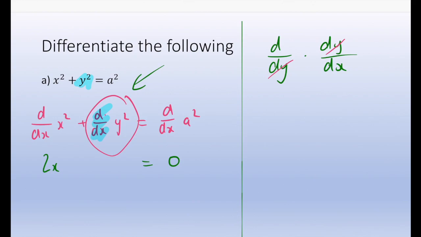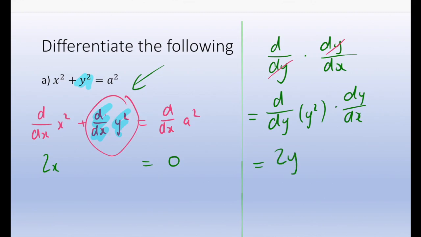But we need to apply it to y squared, so let's do it. See how I'm going to write it, d dy of y squared. Now that's really good because I can differentiate with respect to y now. And then I'm left with dy dx. So if I do this, I'm going to be left with 2y, because as we differentiate y squared with respect to y, and then with this guy I have to tack it on, dy dx. So that's what my answer will be here. I'm even going to write it the other way around, dy dx multiplied by 2y.